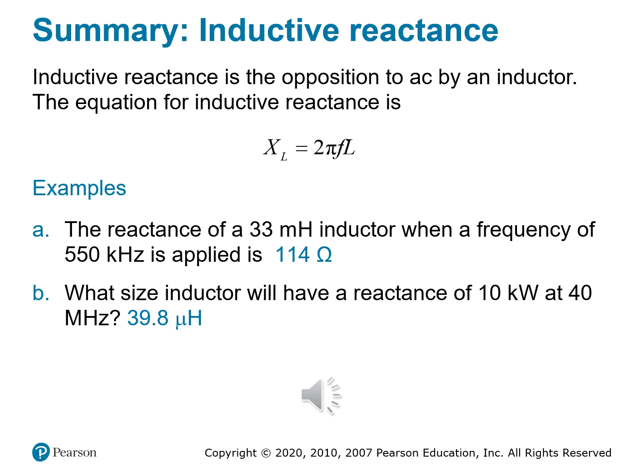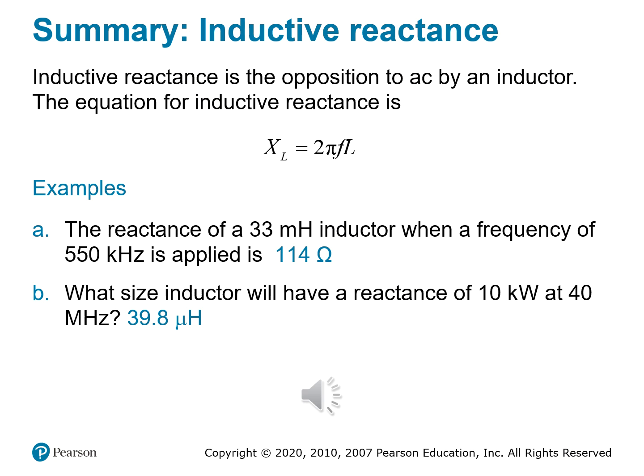The key idea is the faster the signal switches direction, the harder it is for current to get through the inductor. Because inductors oppose change, higher frequencies mean more change per second, which means greater reactance. Let's break down the examples on the slide. Example A: L is given as 33 millihenries, the frequency is 550 kilohertz, and we plug those into the formula.